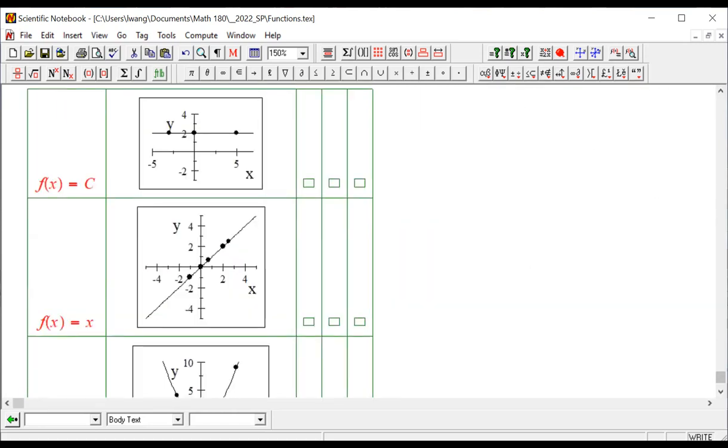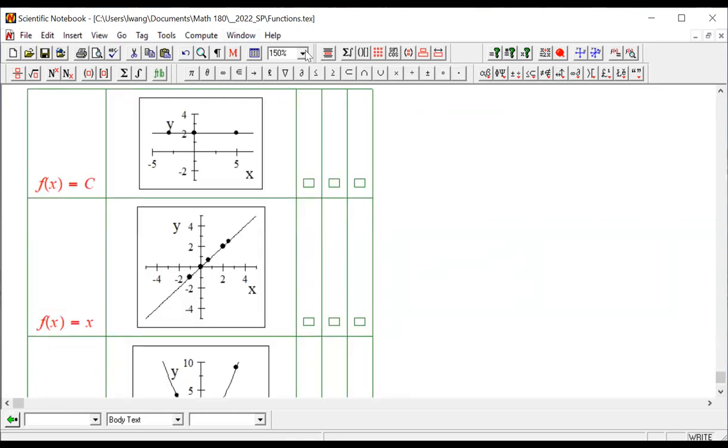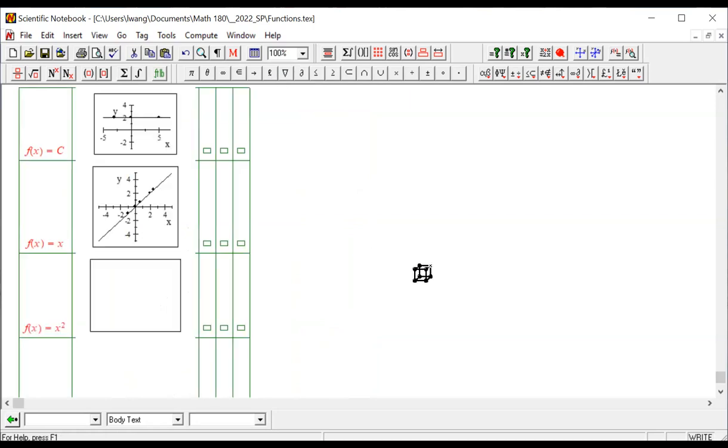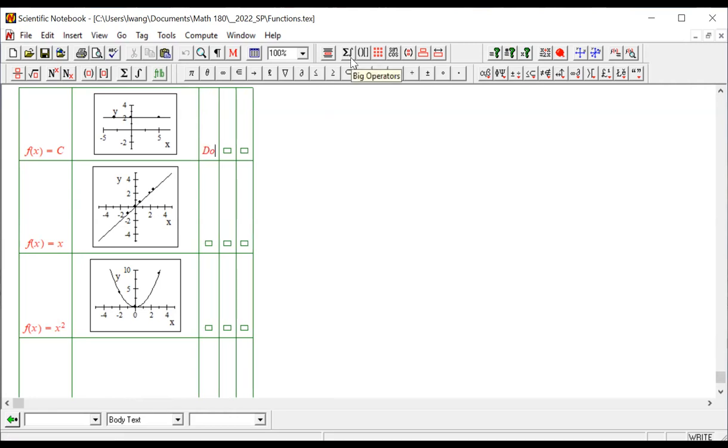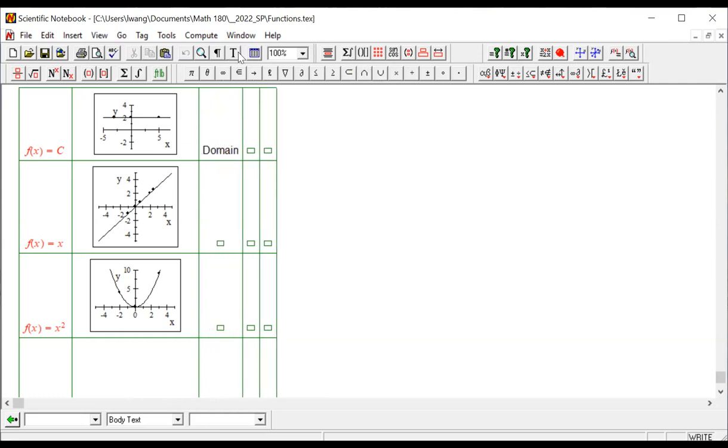And then we're going to look at the domain, right? So then we make the fonts just a little smaller to see if that would do better, right? The domain. So the next one, we're going to discuss the domain and the range, right?